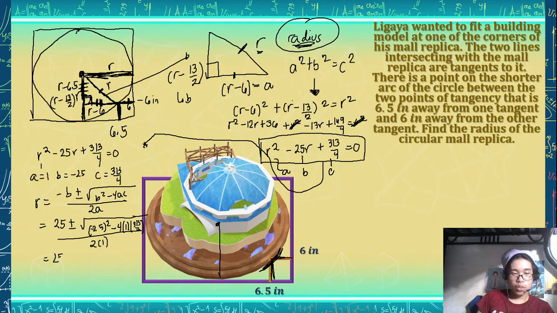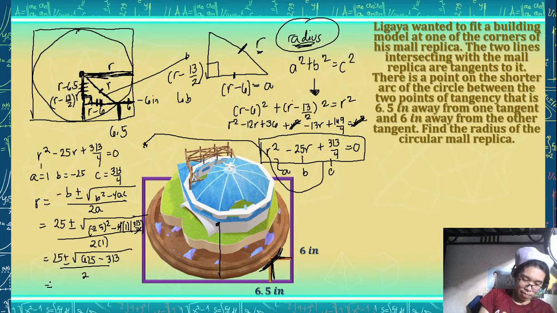So this should give us 25 plus or minus 25 squared is just 625, minus 4 times 1 times 313 over 4. So the 4 cancels out. This should give us 313.